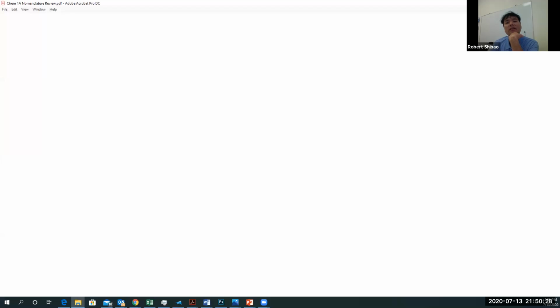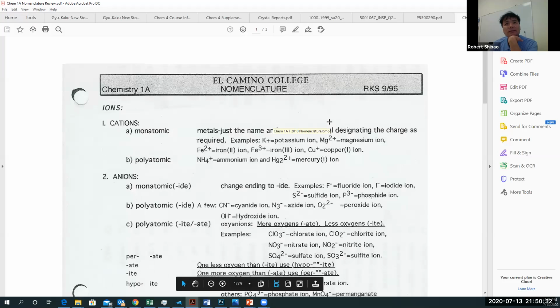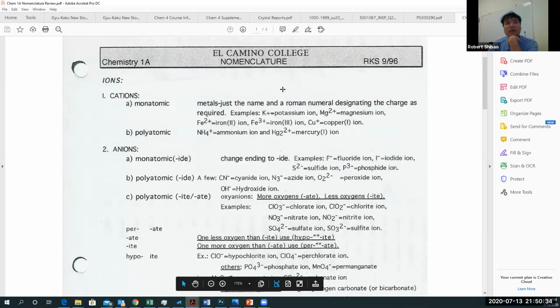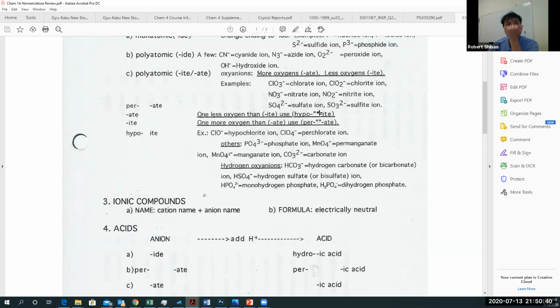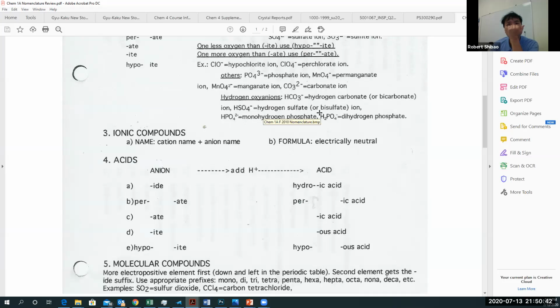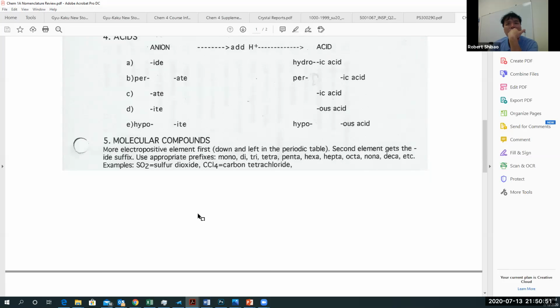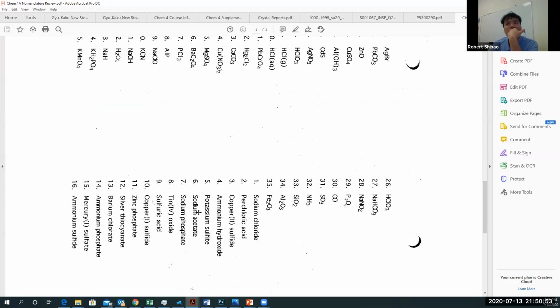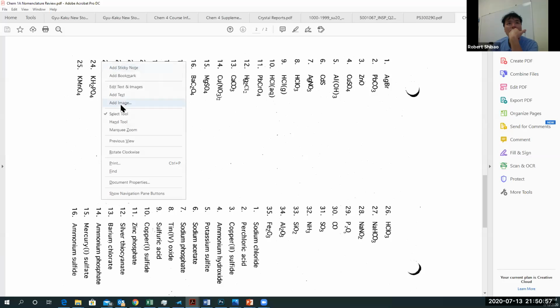That one didn't have enough examples. This one's better, probably. This is something I did for Chem 1A. I'll post this on Piazza, probably. Acids, this is too many variations. So I'm going to rotate.